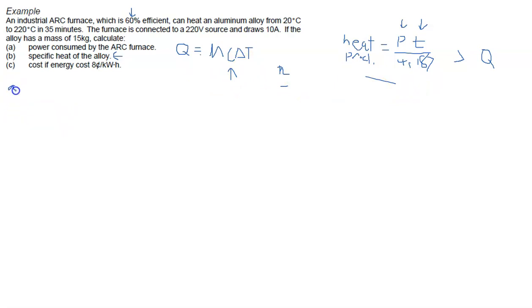So the first thing is the power consumed by the arc furnace. Well, P, got three formulas for P, right? And so let's think about the information that we're given. We're given the voltage and the current.